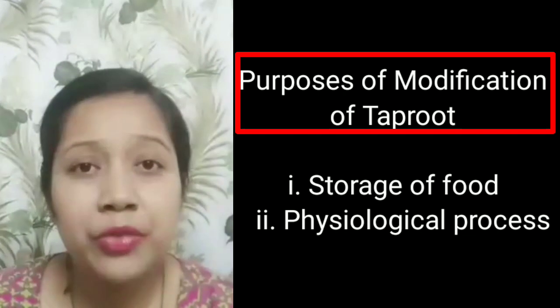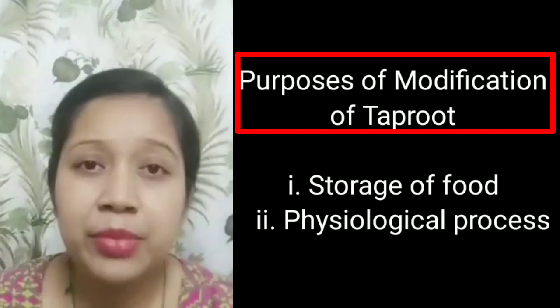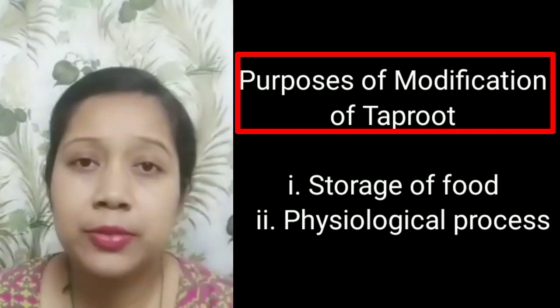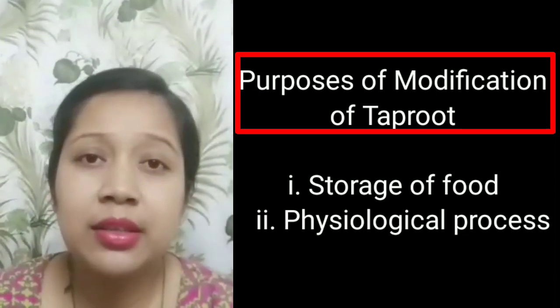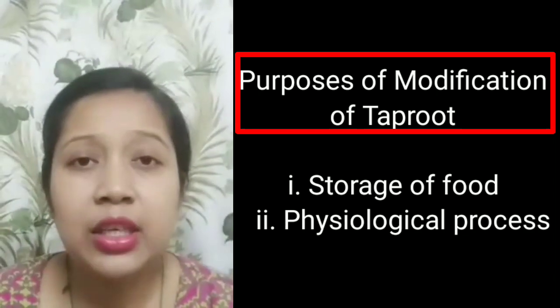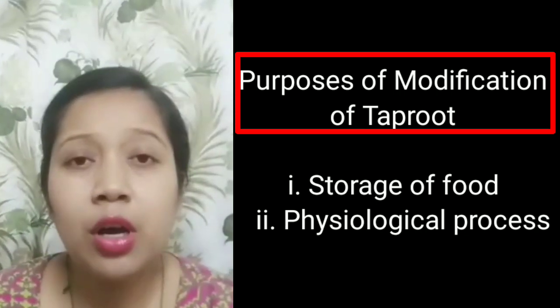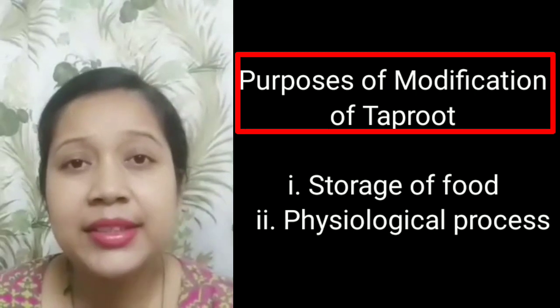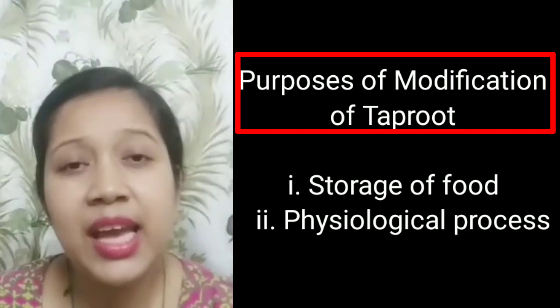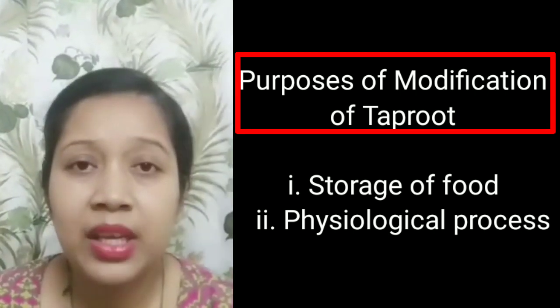The purpose of modification of the taproots can be the storage of food. Some plants store their food in the root system, and because of the storage of food, they become swollen in size and bear different kinds of shapes and sizes.